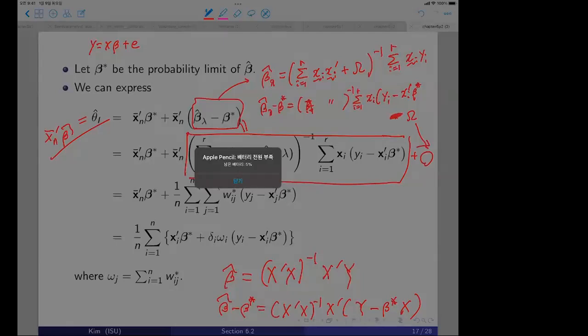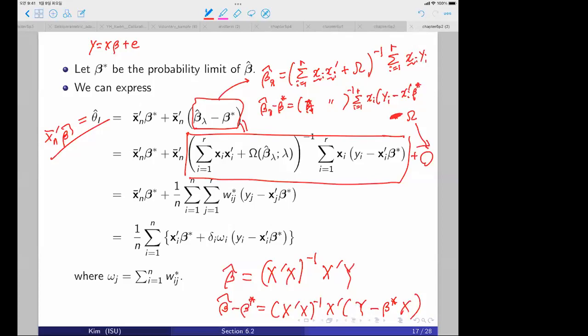So at the end of the day you get this kind of nice form, and then you can use that as a linearization. But I made a mistake. There's some condition required to control the order of the remainder term.